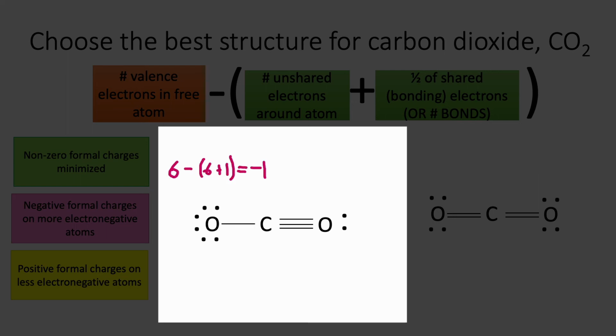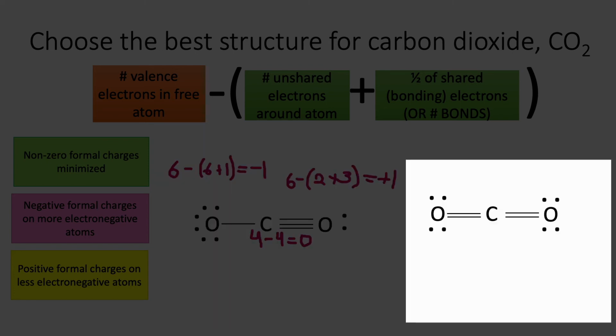So we have 6 minus 6 plus 1, which is 7, equals minus 1. How about the other oxygen in this molecule? We've got 2 unshared electrons and we have 3, which is half of the shared electrons, right? 3 bonds. So 6 minus 2 plus 3 equals 6 minus 5, which is plus 1. And then we have carbon, which just has 4 bonds. 4 is its normal number of valence electrons, so 4 minus 4 is 0.